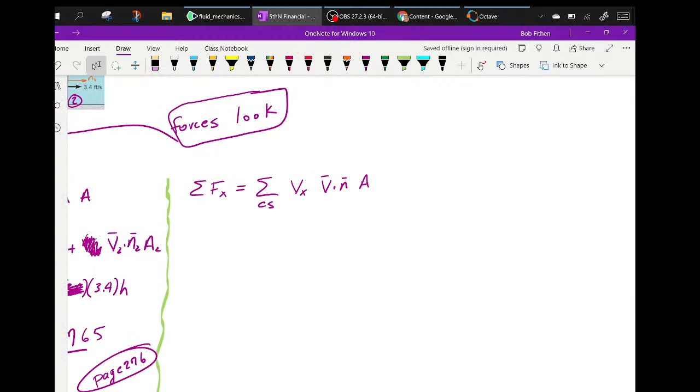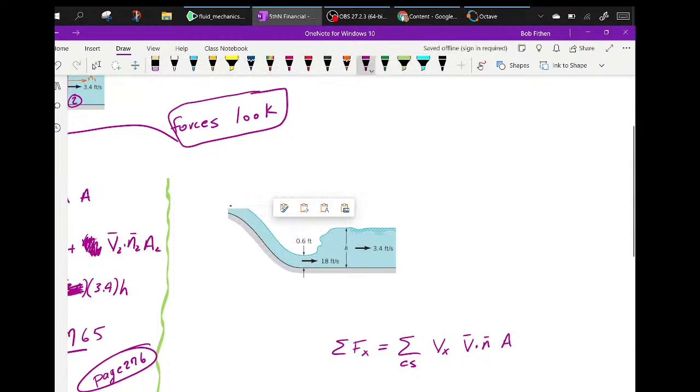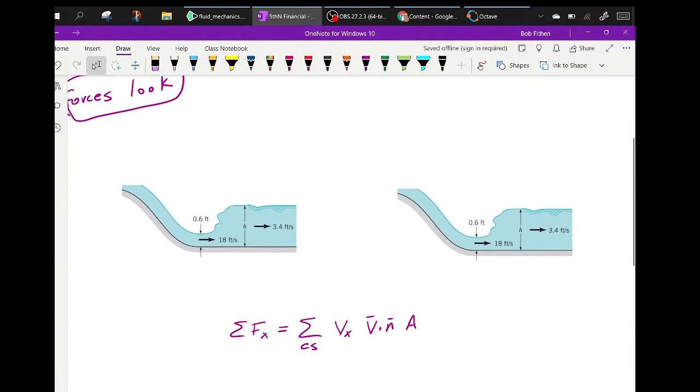and I'm going to go further with this problem to find out some piece of information that I want to know. What do I want to know about this? If I look at this problem, the reason I did this is I want to put the forces on this one, and I want to put the velocities over here.